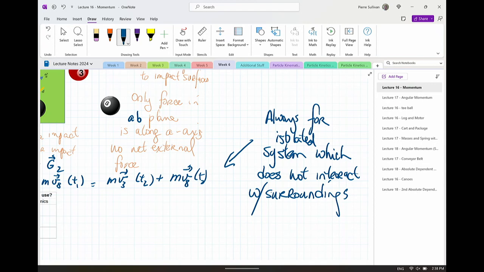So this is always the case when you have an isolated system for which there is no interaction with the surroundings.